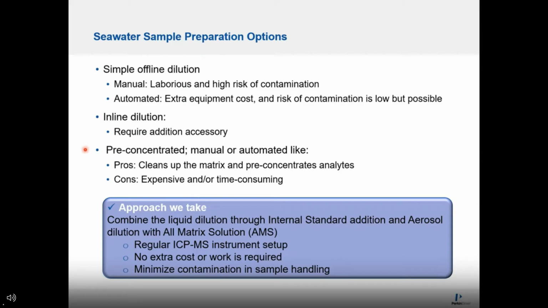The next approach is sample pre-concentration using columns to remove the matrix components while retaining the pre-concentrated analytes of interest, which will be backwashed by a buffer solution into the ICP-MS for analysis. This can be done manually or with elegant equipment like the CFAS.